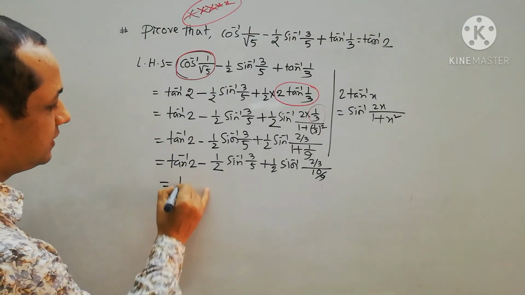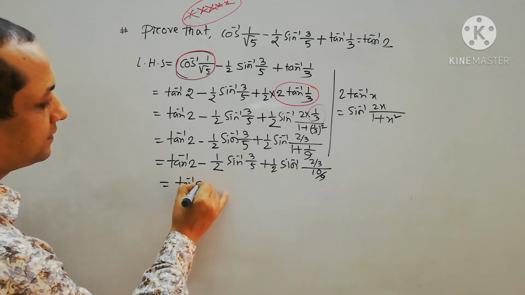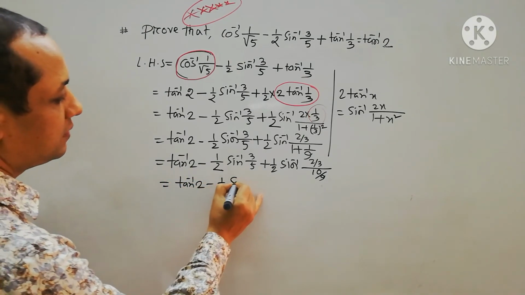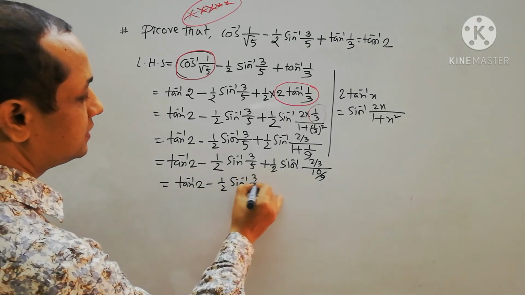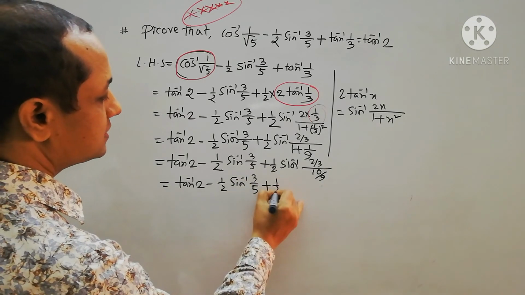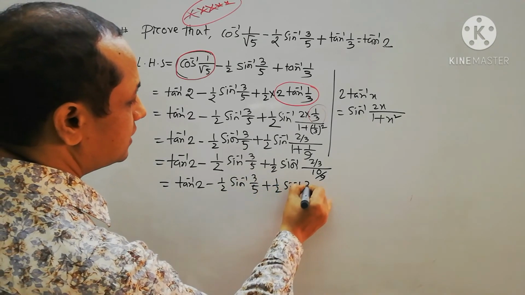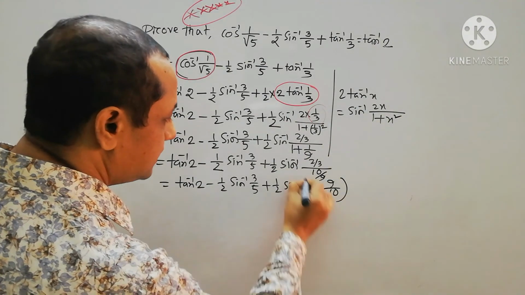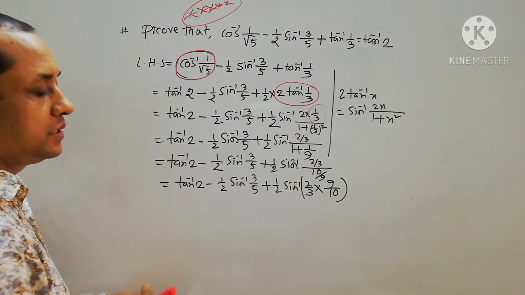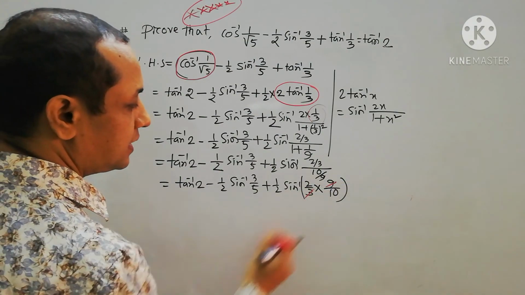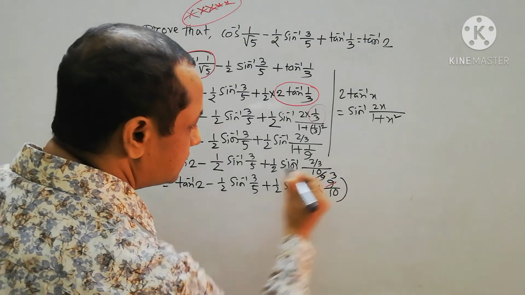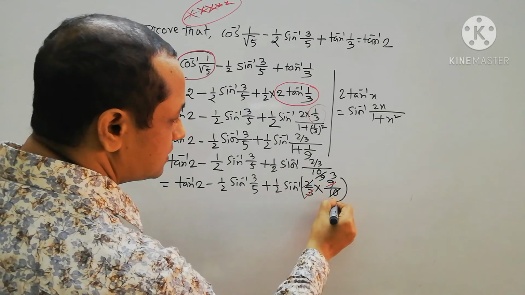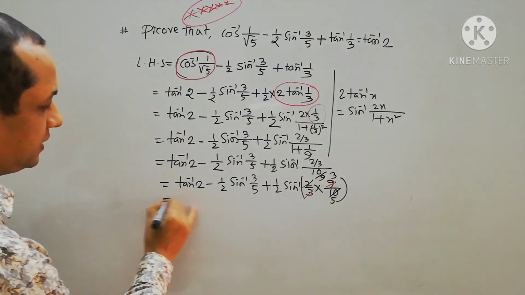Next line, tan inverse 2 minus half sin inverse 3 by 5 plus half sin inverse, here 2 by 3 into 9 by 10. Then student, here 3 and 9 cancel, then we get 3, and 2 and 10 cancel, then we get 5.